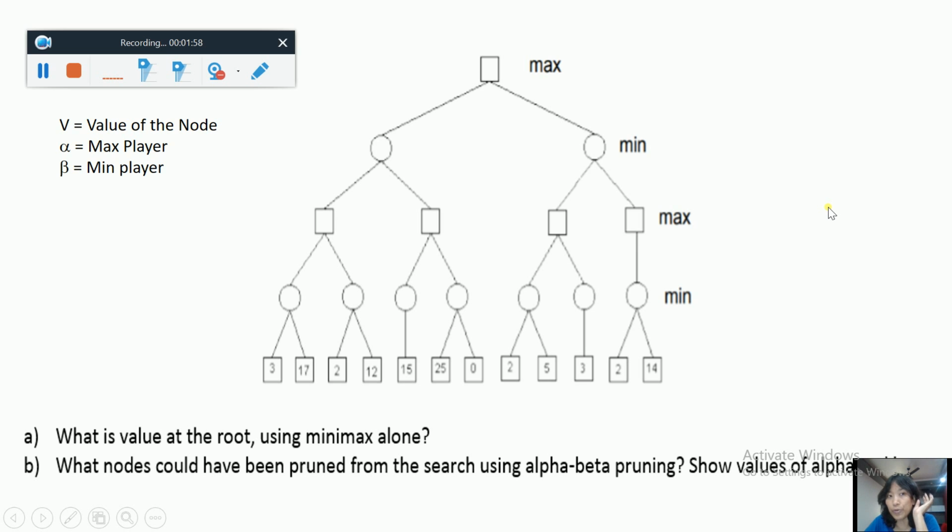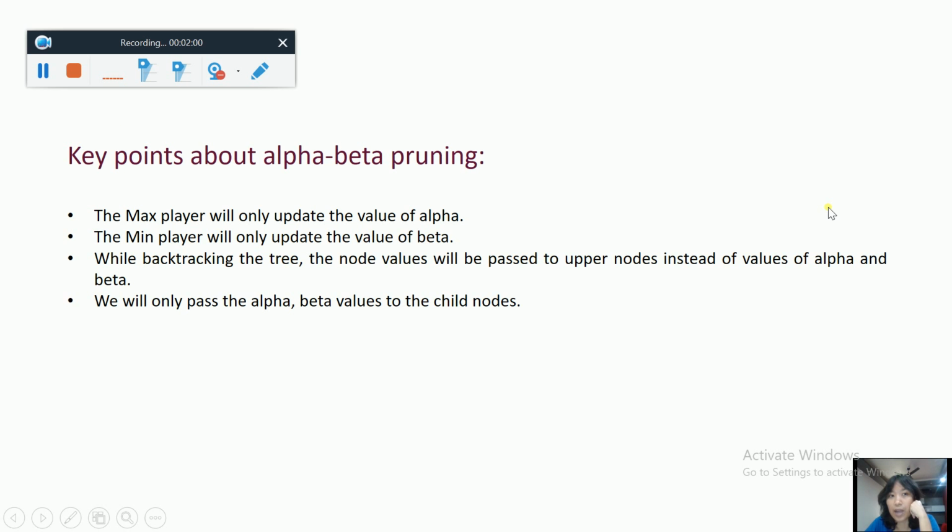So let's start. There are some key points. The first key point is that the max player will only update the value of alpha and the min player will only update the value of beta. While backtracking, the node values will pass to the upper nodes instead of the values of alpha and beta.